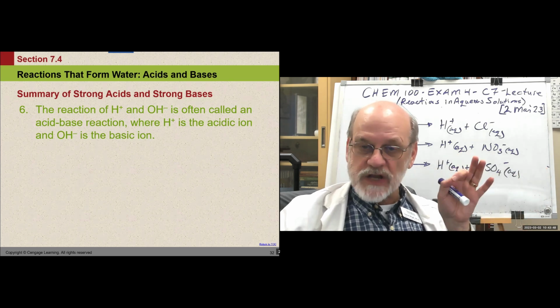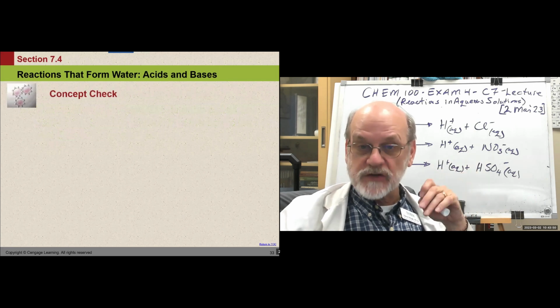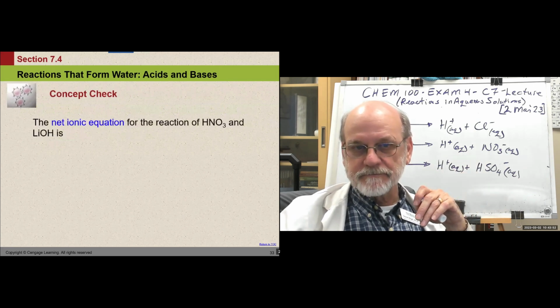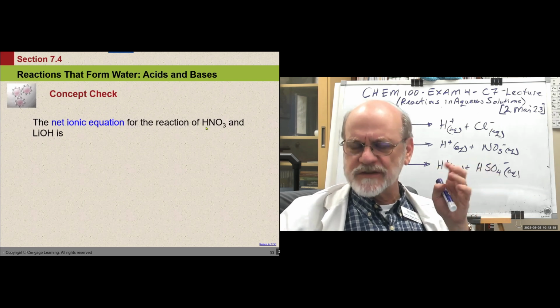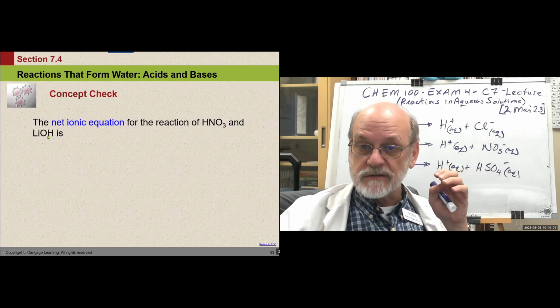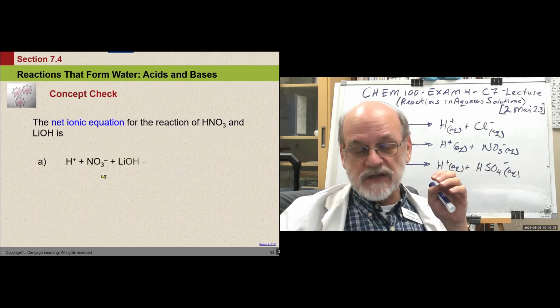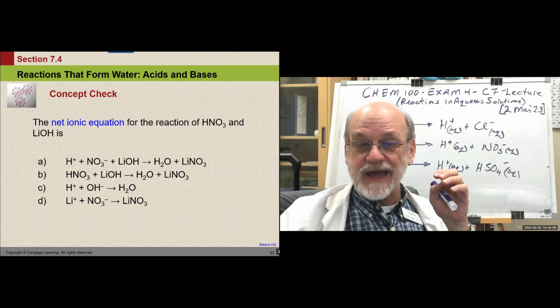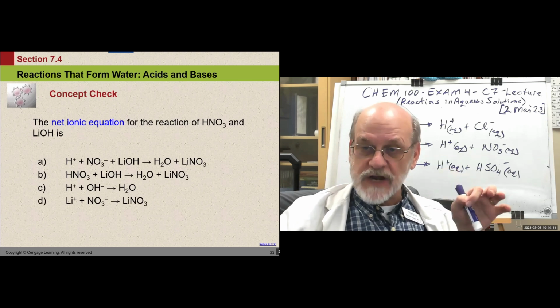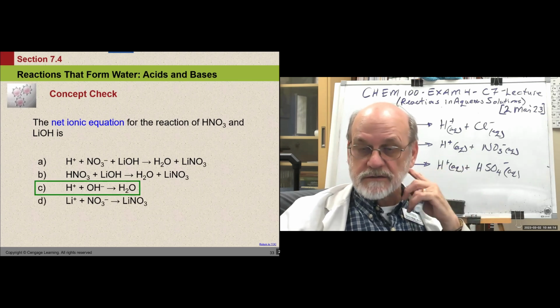That's the net equation. That's an acid-base reaction. So what's the net ionic equation for this reaction? It's kind of a trick question. You notice you've got an acid here with a hydrogen, and you've got a base here with the hydroxyls. When you put them together, you always get the same net ionic equation. Hydrogen ions plus hydroxyls yields water.